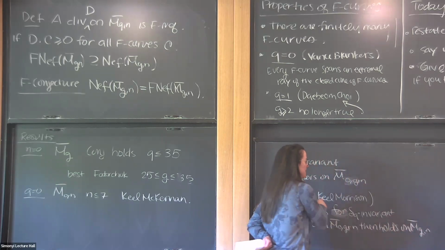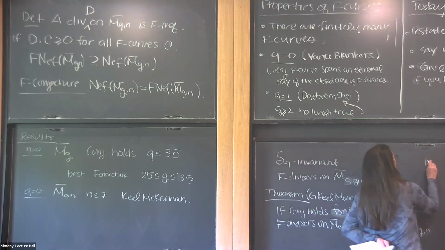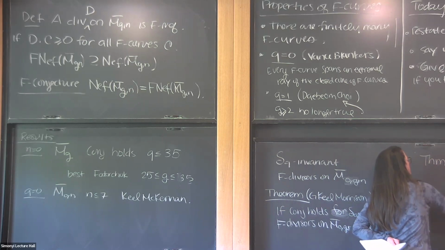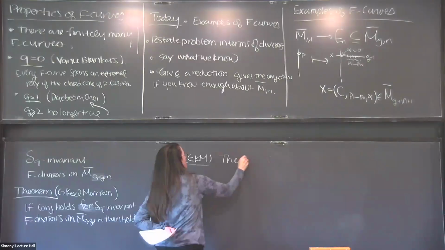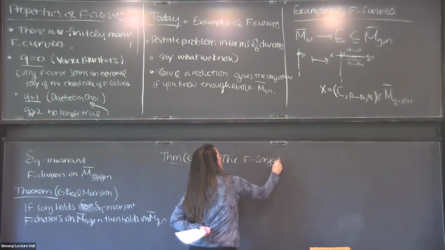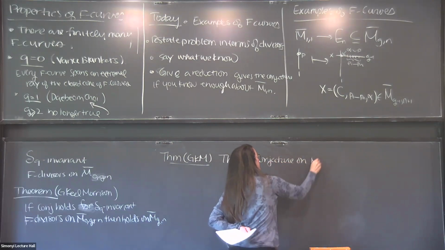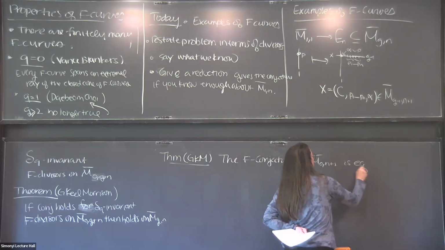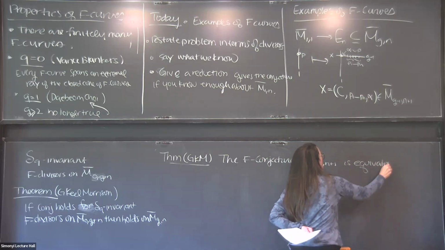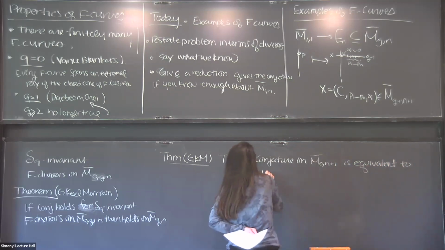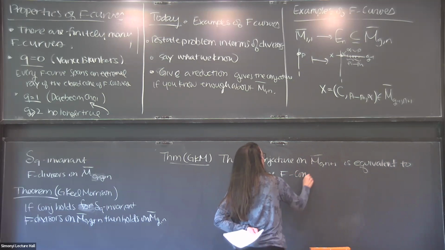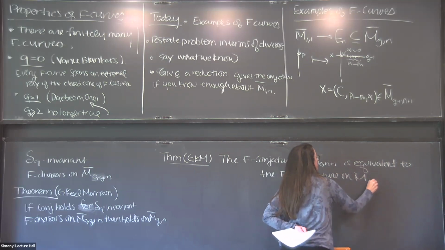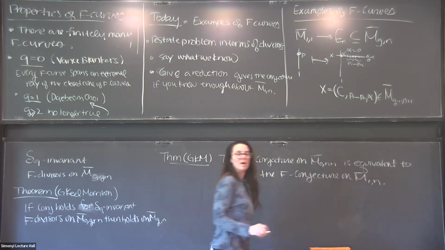And in particular, this is pretty well known. Less well known, also from the same paper, is that the F-conjecture on M_{0,n+1} is equivalent to the F-conjecture on M_{1,n}.